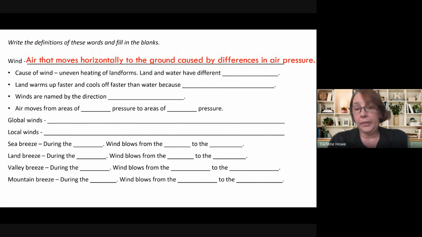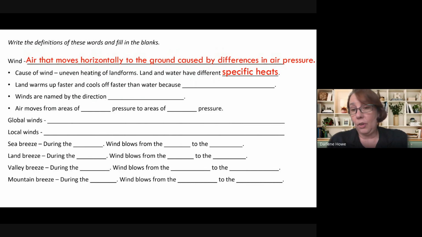Land and water have different what? What is the special scientific term of why land and water heat up at different rates? Why do they heat up at different rates? It's because they have different specific heats. Water has a very high specific heat.